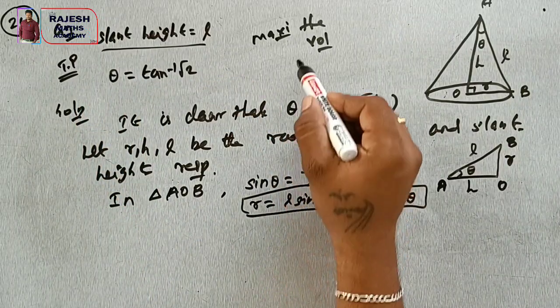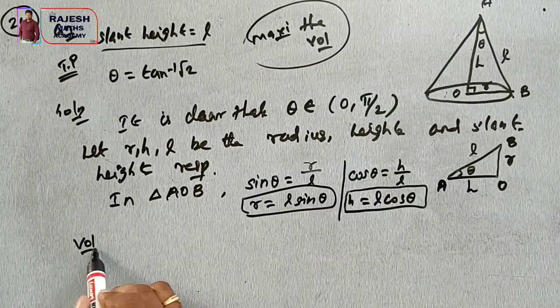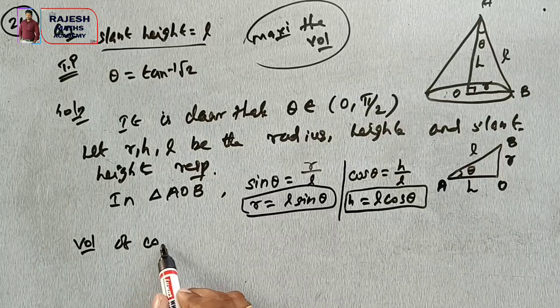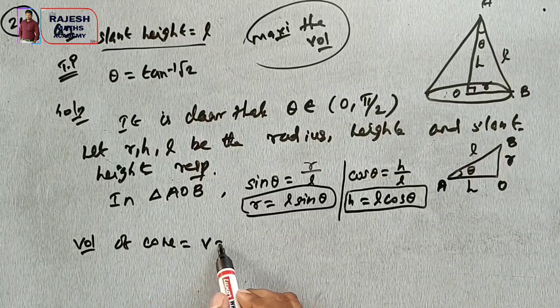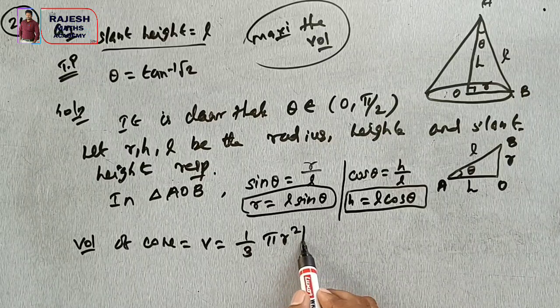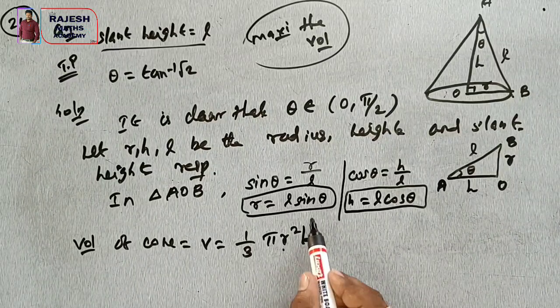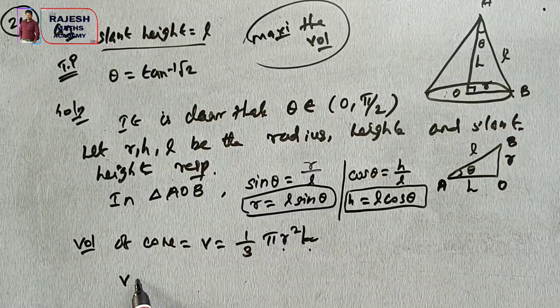Now what is to be maximized? We have to maximize the volume. So the volume of the cone, V equal to 1 by 3 pi R square H. We know the value of R and the value of H, so I can write V in terms of theta.